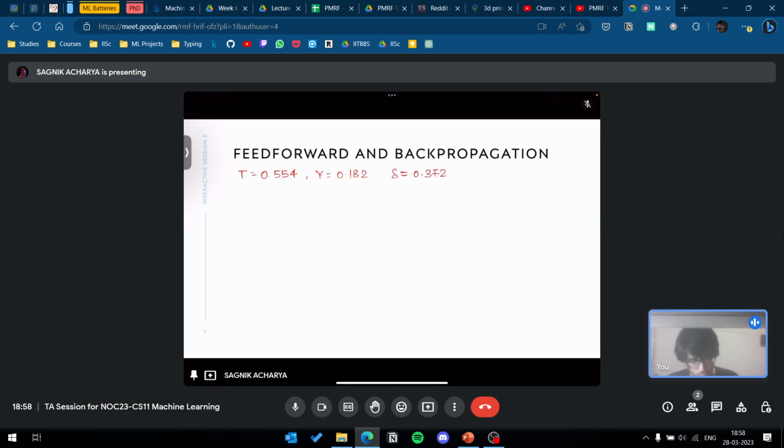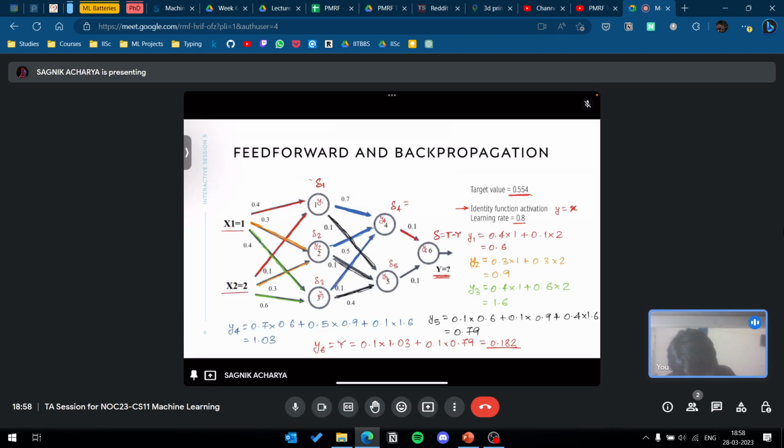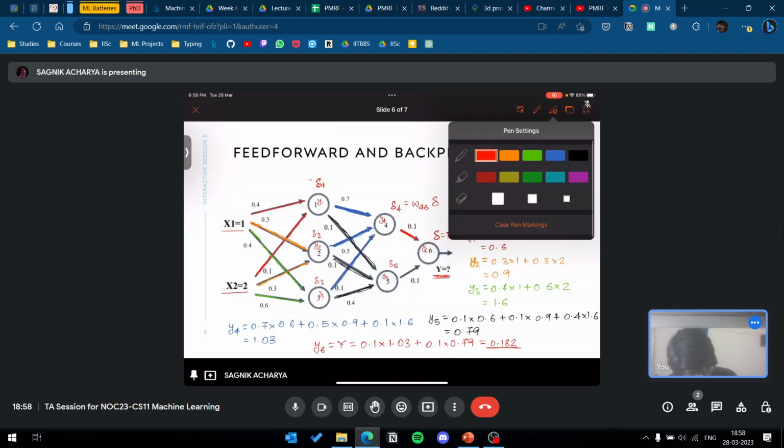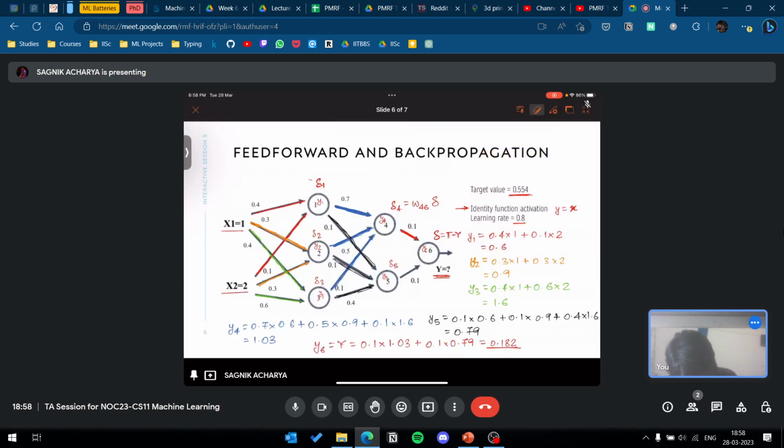So now delta 4 is given by this weight, W46 times delta, right? Similarly, delta 5 is given by W56 times delta, right?